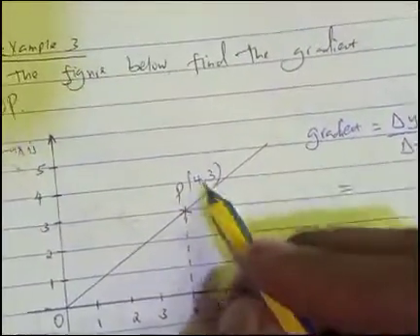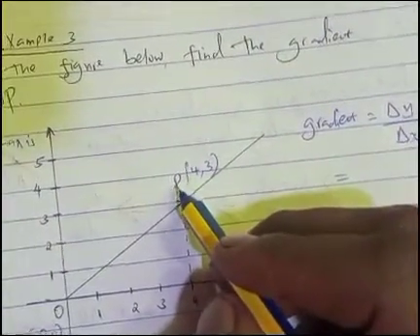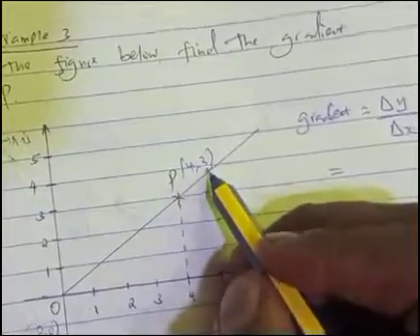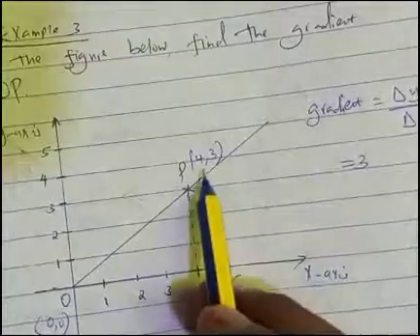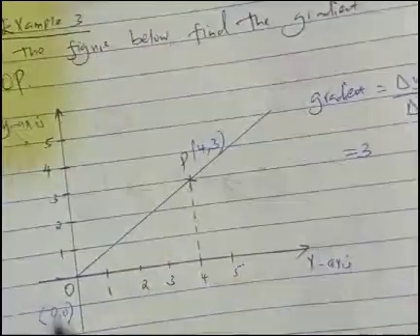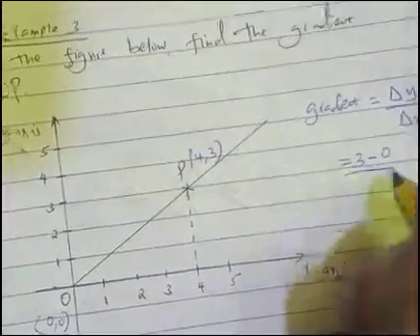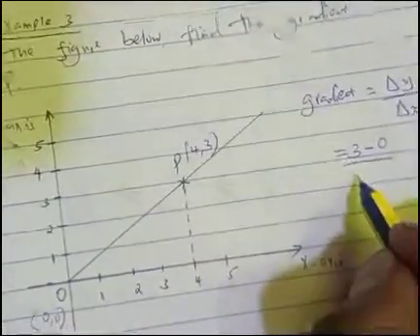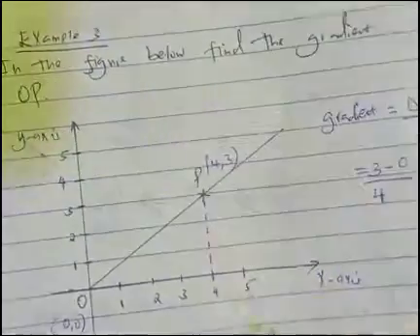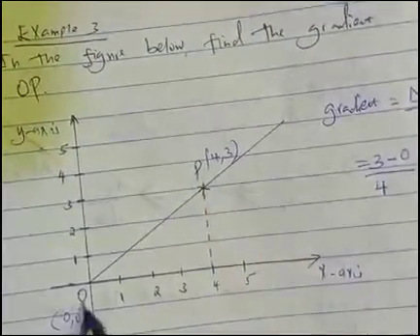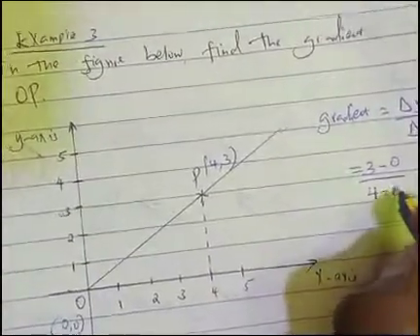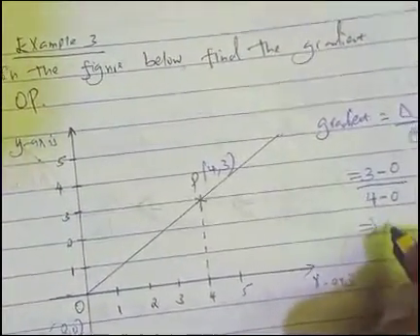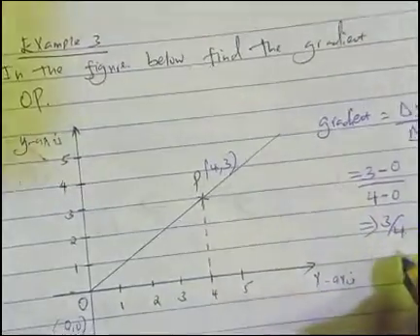So if I want to start with the y coordinate of P, the y coordinate of P is 3. So 3 minus the y coordinate of O is 0, over the x coordinate of P is 4 minus the x coordinate of O is 0. So the gradient therefore is 3 over 4.